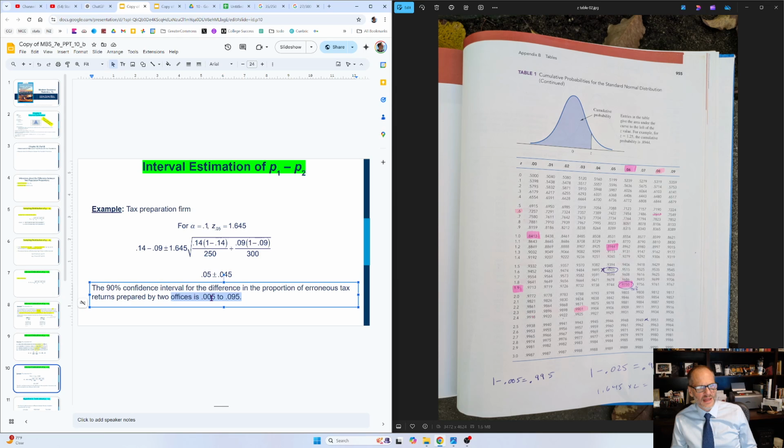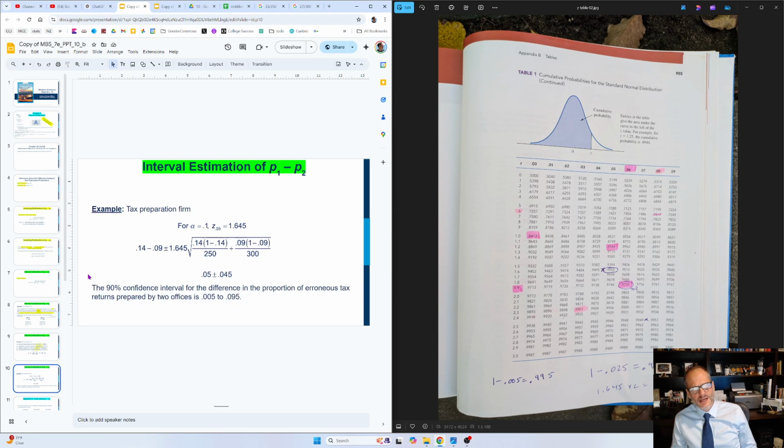And so that would be like less than 0.5% to like 9%. So about between 0 to 10% is what we're looking at for the difference in the proportion of erroneous tax returns in the populations prepared by these 2 offices.